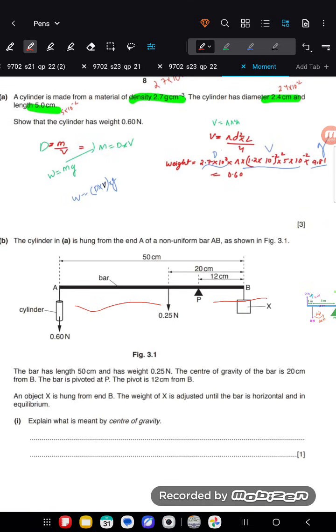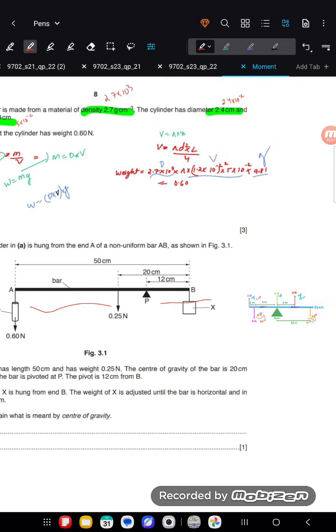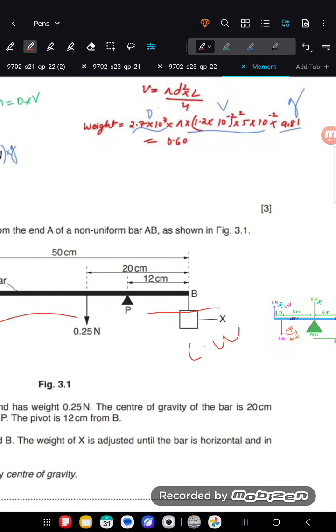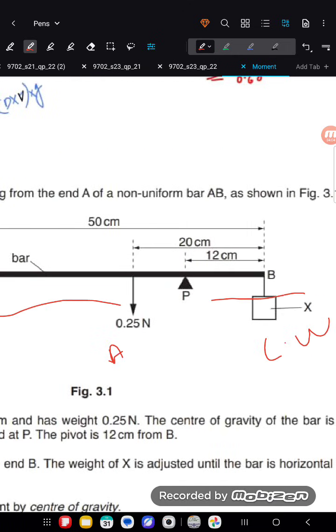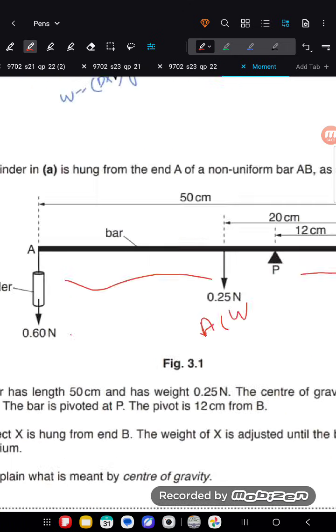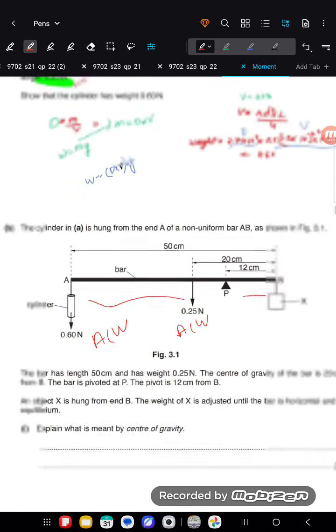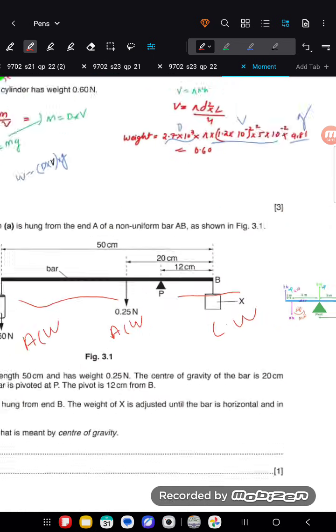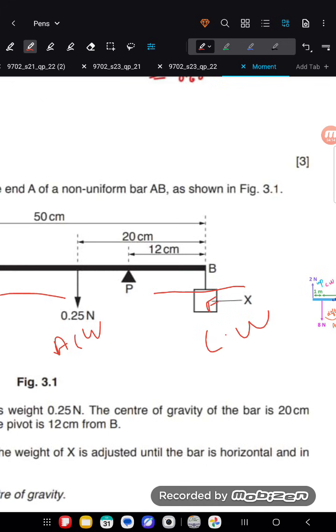So you can take this one as clockwise, these all as anti-clockwise, so they are acting down on the left side. So just find the weight and force of this X.